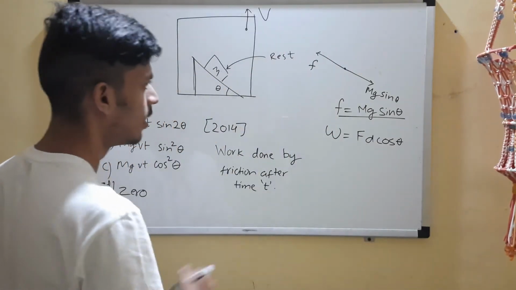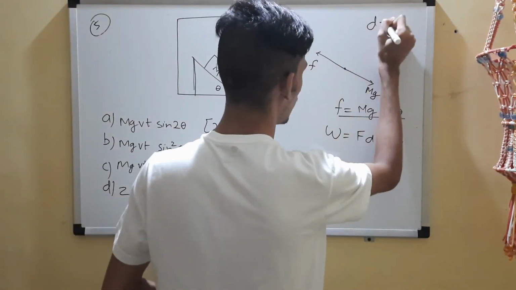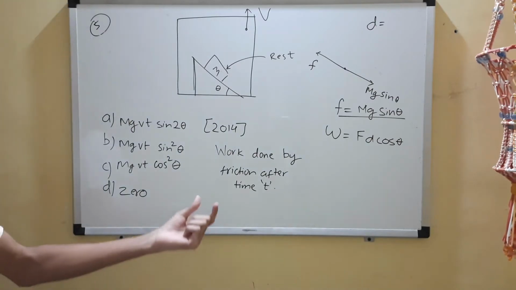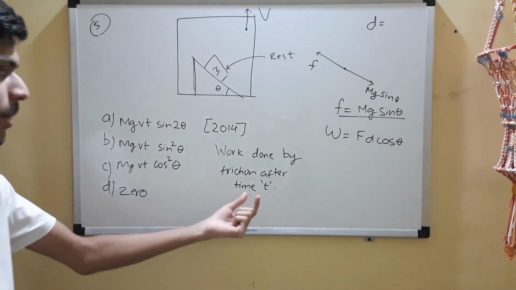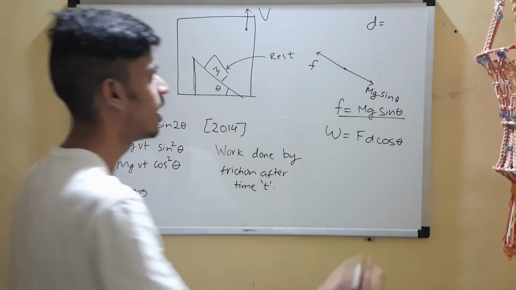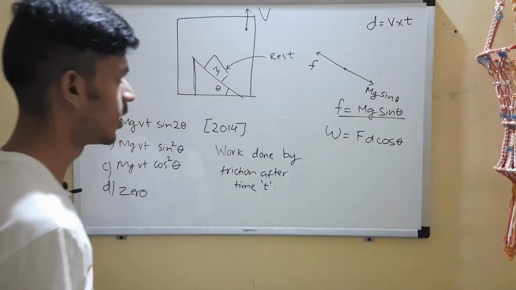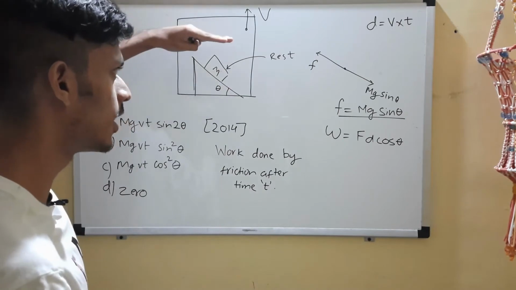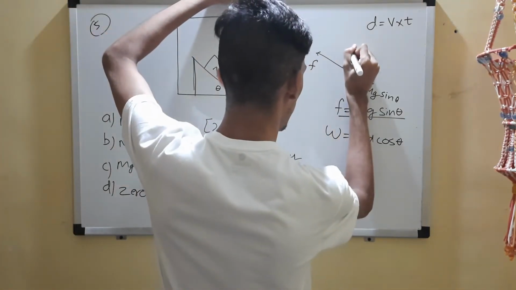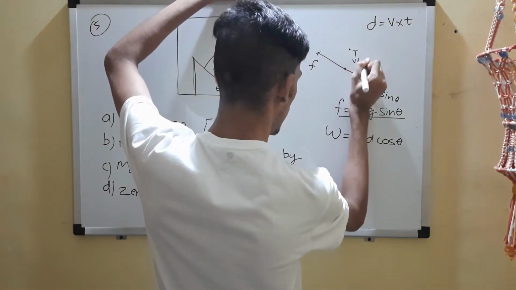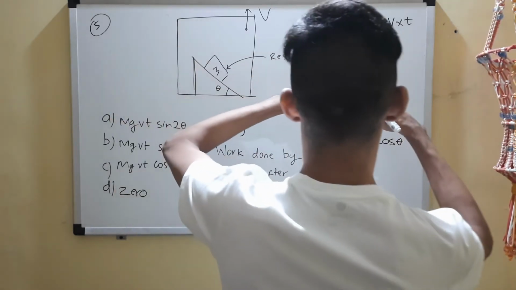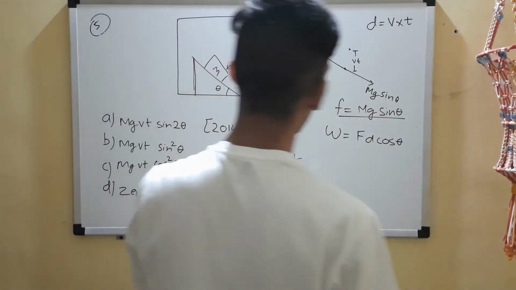After time t, the displacement is due to the lift. So displacement will be velocity into time t. The block along with the incline will move a distance vt in the upward direction.